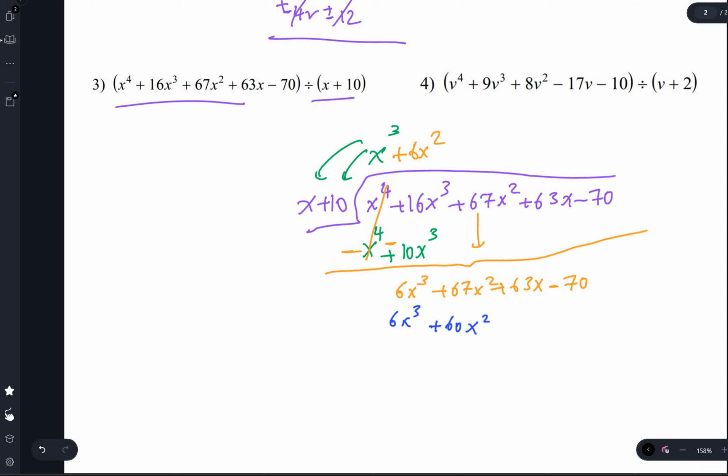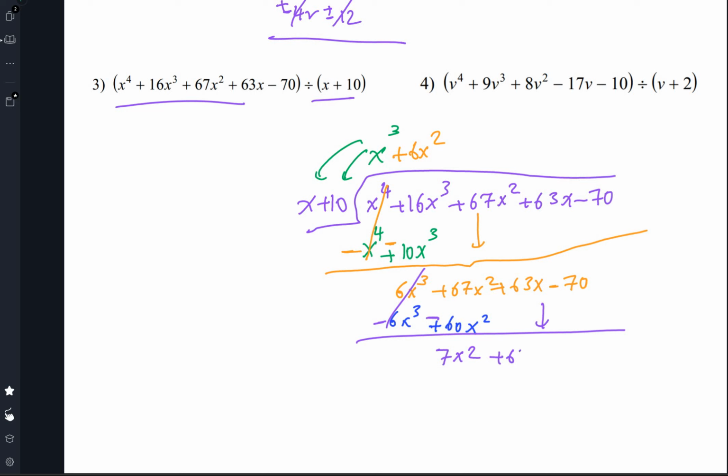Now change the sign: negative, negative. These two directly cancel each other. 67 minus 60 equals only 7x power 2, right? And bring this one down, plus 63x minus 70.